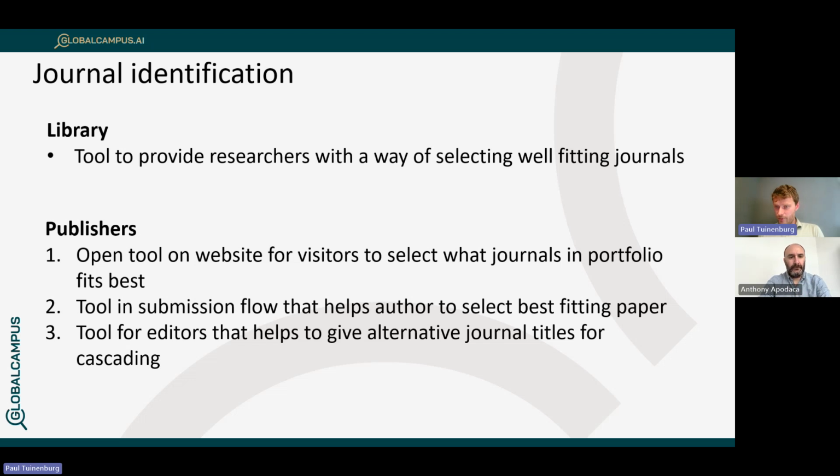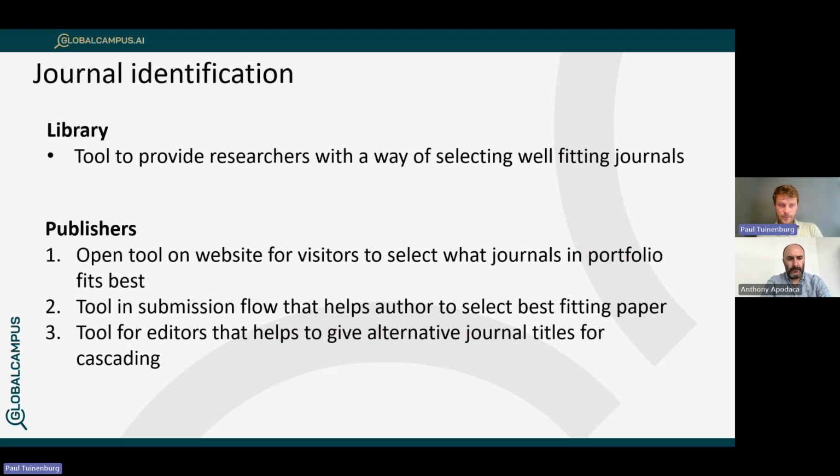Some large publishers just have an open journal search on their website where you enter a text or some keywords, but in our case that would be the abstract of your manuscript, and then it will show which of the journals in their portfolio would fit best.